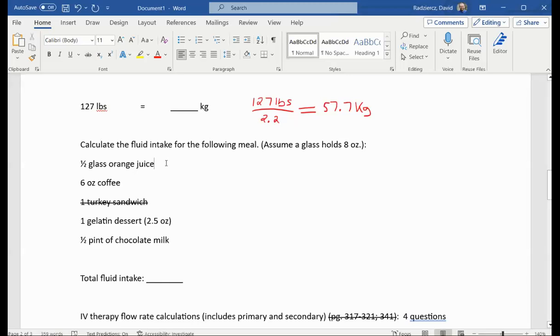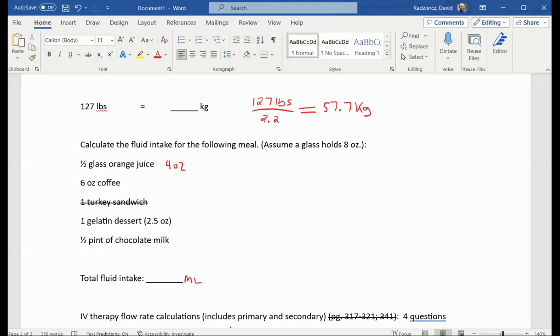So for this question, half a glass, which means what? It means 4 ounces. When we care about fluid intake, we care about milliliters. That's what we're trying to calculate. So we're not trying to calculate teaspoons, tablespoons, liters, gallons, anything like that.